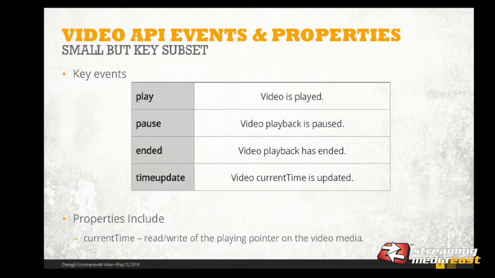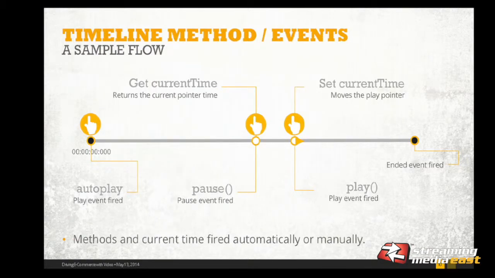Okay. Some of the key events. We have our normal player control, play, pause, ended, time update. Some of the key properties. Current time, okay, and we'll see some actual examples in a minute using these types of things. We have a timeline, method and events that we go through. When we load the video, and this is pretty common for any of the players now, we have an autoplay that we can fire, okay.